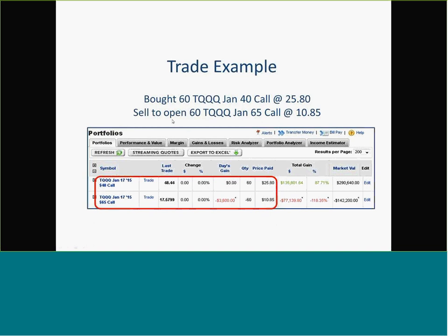So I went ahead and sold to open 60 of the January 65 calls at $10.85. So I had a 30% profit. Then I went ahead and sold 60 of the January 65 calls. This created a debit spread, and good things happen when you do that.